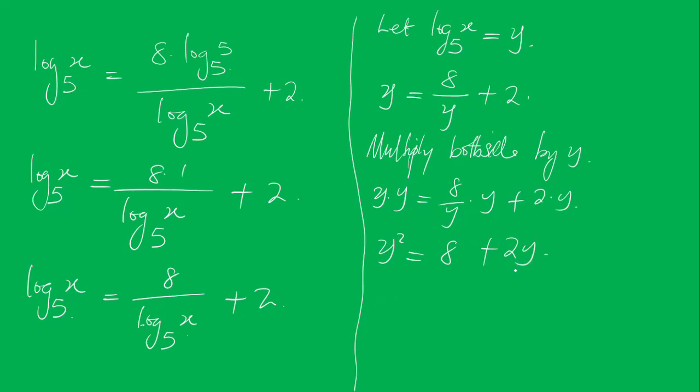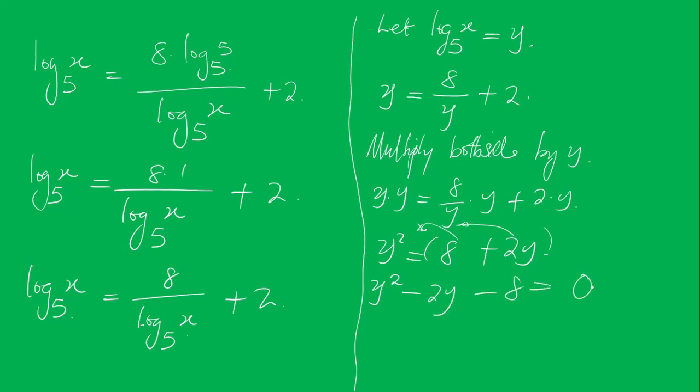Moving this whole term on the left hand side to the other side, the sign will change to negative. So you have y squared minus 2y minus 8 equal to 0.